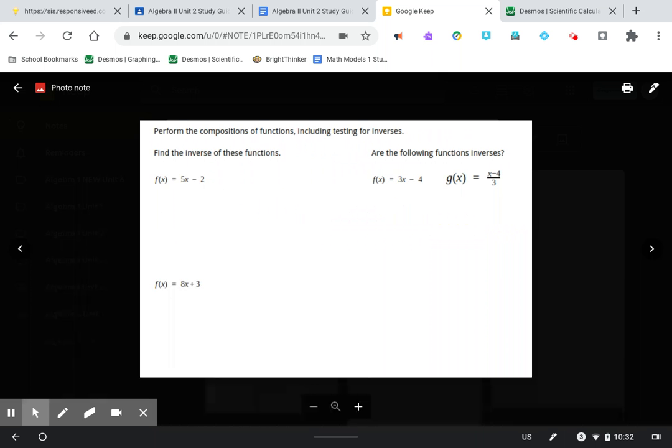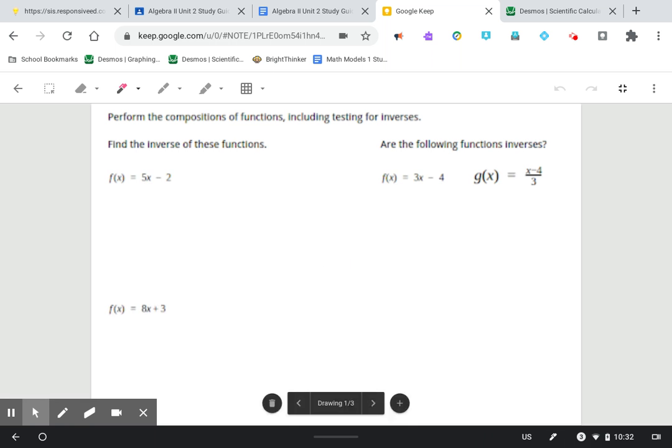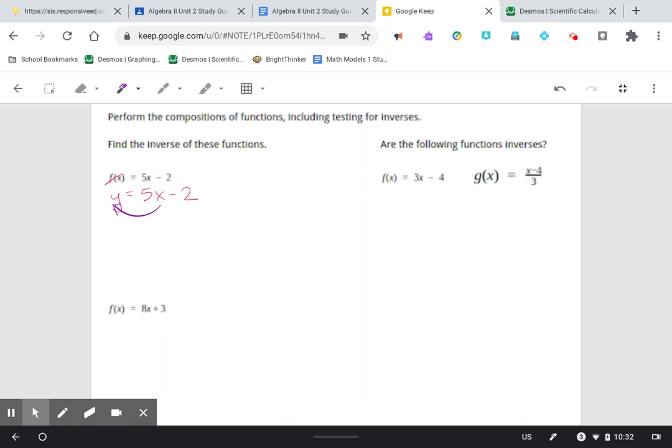Then we get to inverses and composition of functions. Remember, inverses of functions is a process where you take a function and you find out what would happen if you switch the x and the y. So the way this works is the first thing you need to do is replace the f of x with y, so that we can do the real first step, which is to switch the x and y.